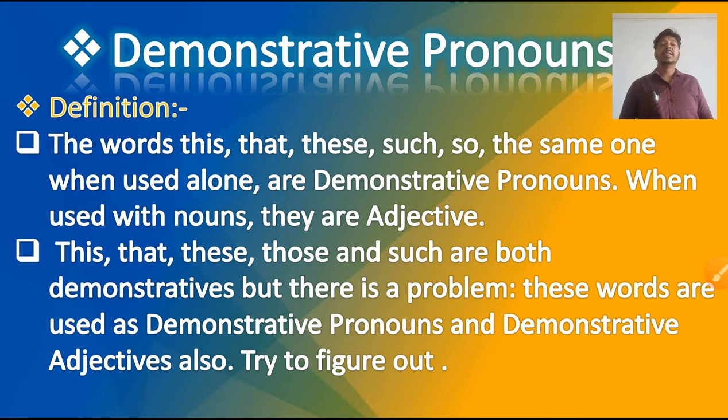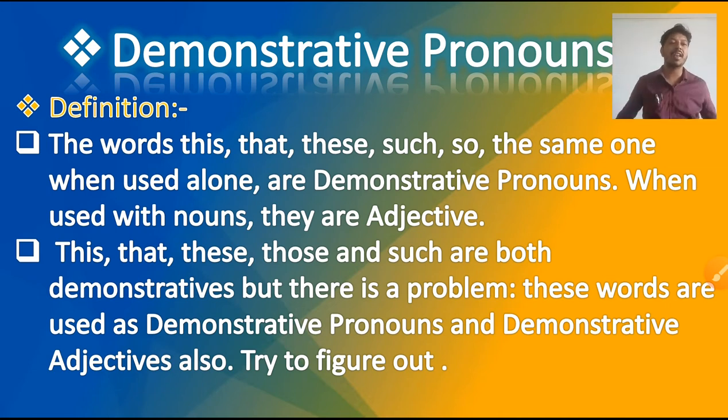So the second point is this, that, these, those and such are all demonstratives, but there is a problem. What is the problem? These words are used as demonstrative pronouns and demonstrative adjectives also. So it is a very confusing matter.